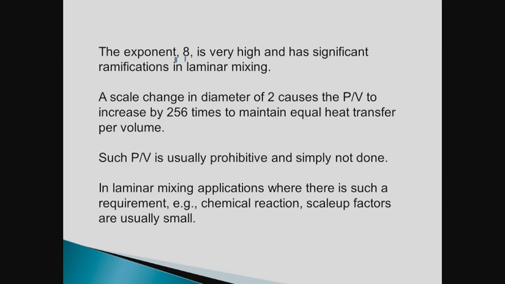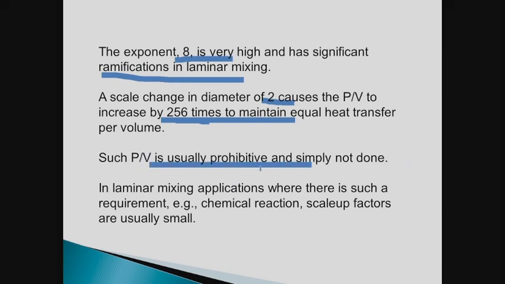So what happens? An exponent of 8 is very high. Significant ramifications. A factor of 2 gives you 256 times more power. Power is usually prohibitive and simply not done. Actually, what happens is the scale-ups go very small.